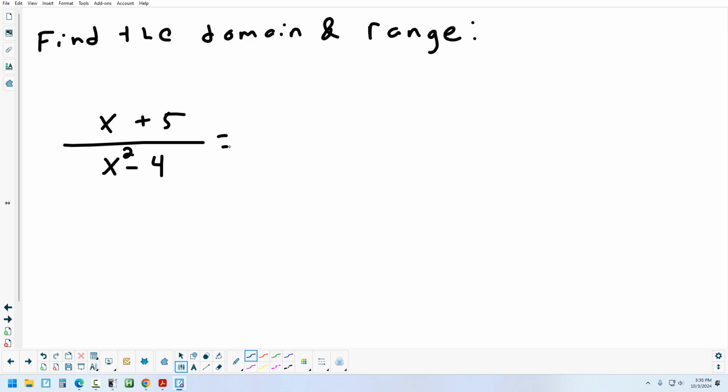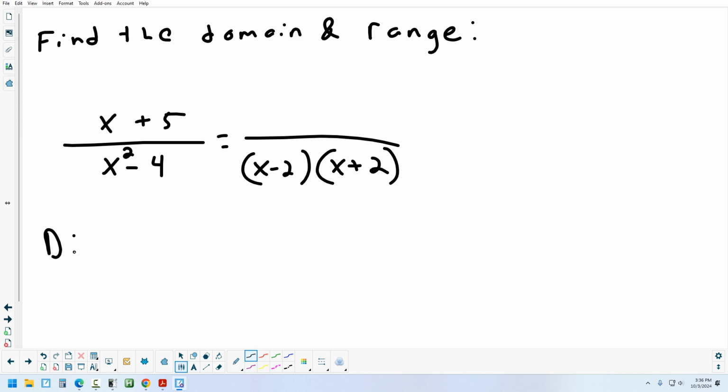Well, actually, we can factor the denominator. How does x squared minus 4 factor? X minus 2, x plus 2. Yep, x minus 2, x plus 2. Now we should be able to figure out the two numbers that we can't use in the domain. What are the two numbers? 2 and negative 2. Yep, 2 and negative 2.